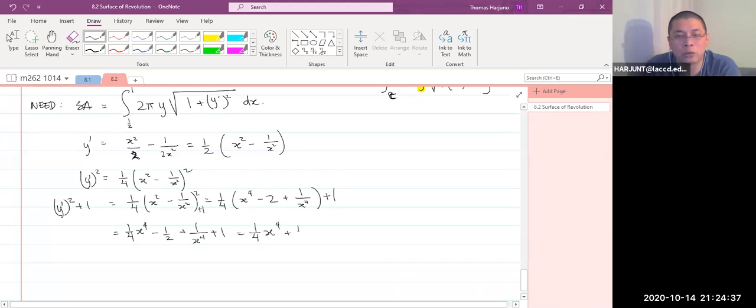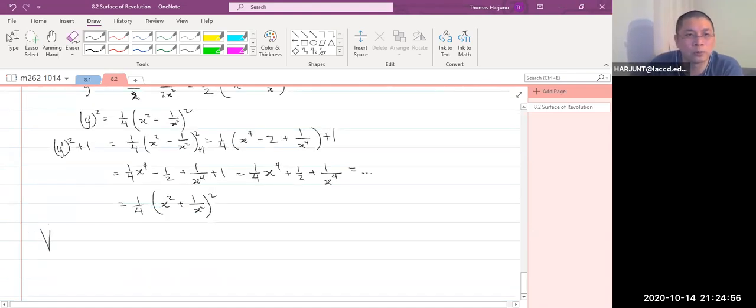I hate doing this routine. But fast forward, this is equal to 1/4 times x squared plus 1 over x squared, being squared. Such that the square root equals 1/2 times x squared plus 1 over x squared.